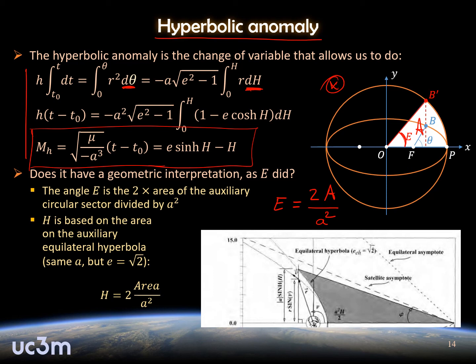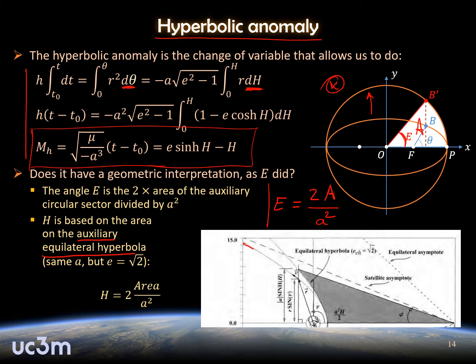In the case of the ellipse, we had, lucky for us, the auxiliary circle. For every point in the ellipse, we could find a point in the auxiliary circle. In the hyperbolic case, it's not so easy, but we can define something similar: an auxiliary equilateral hyperbola. When we do that, it is possible to find the hyperbolic anomaly in terms of an area, just as we have done here for the case of the ellipse.